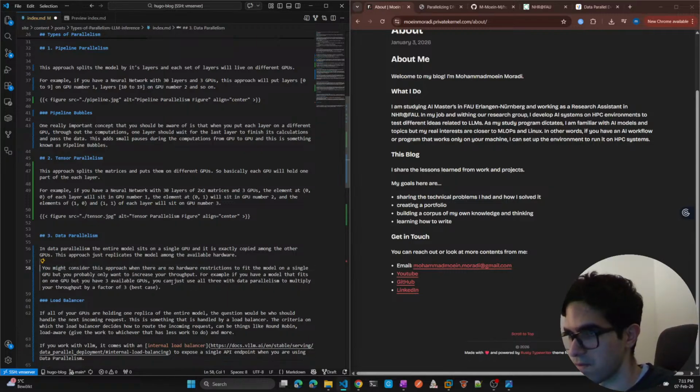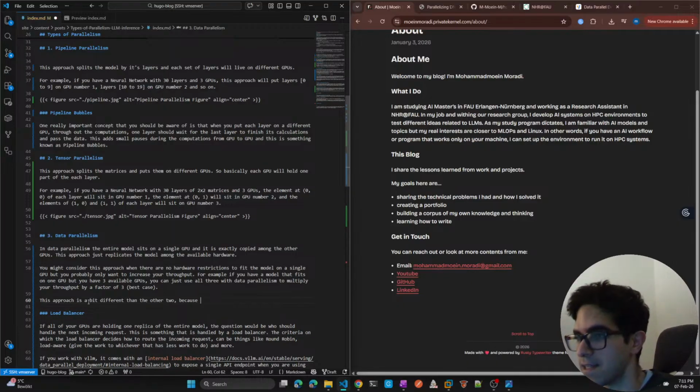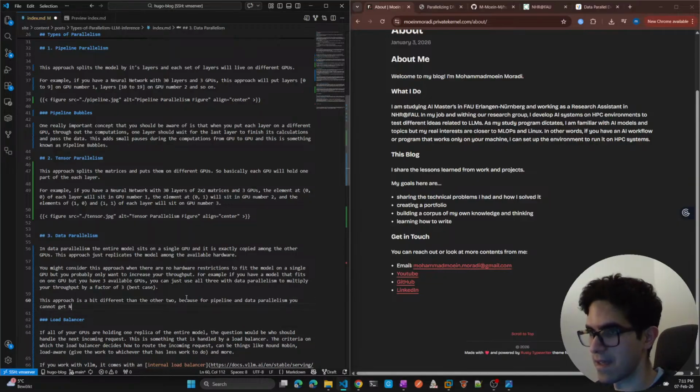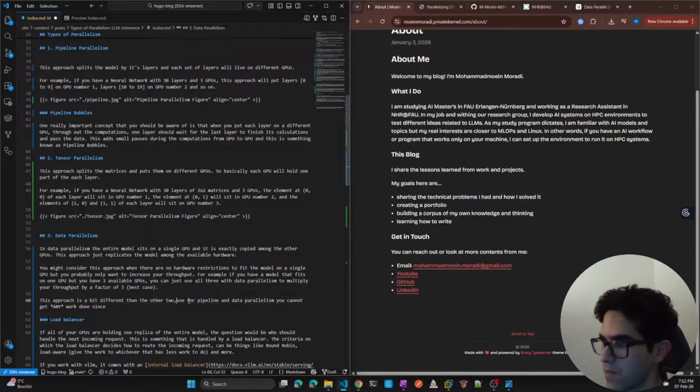This approach is a bit different than the other two because for pipeline and tensor parallelism, you cannot get any work done since your model does not fit on one GPU.